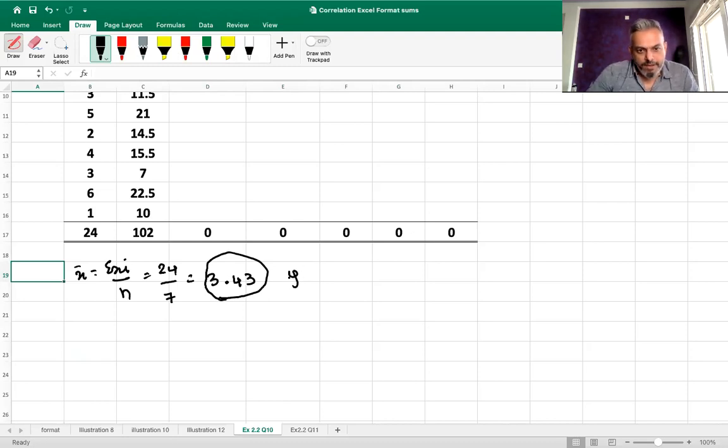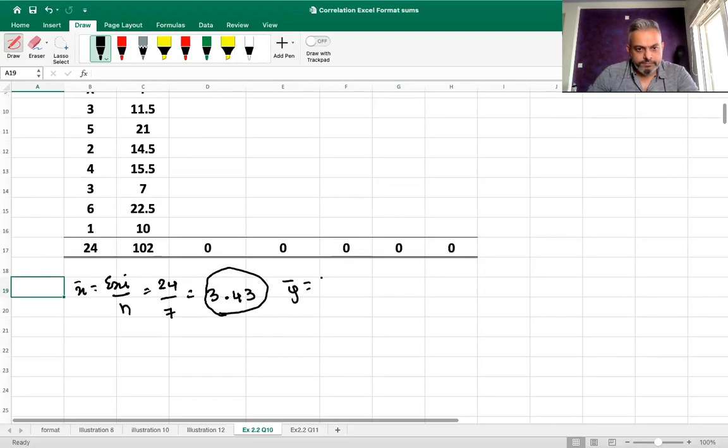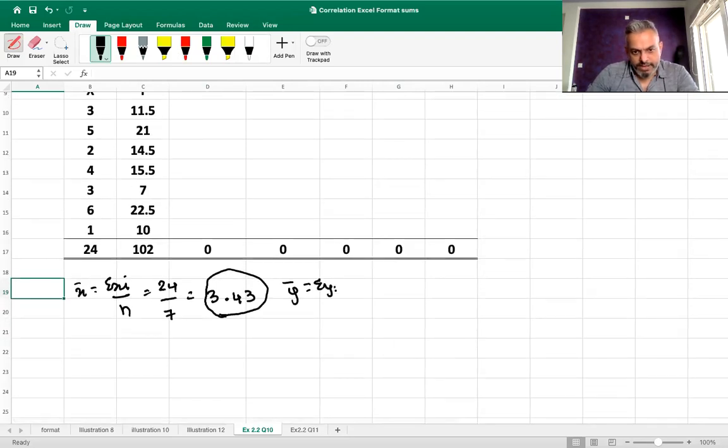Similarly, y bar is equal to sigma yi upon n, which is equal to 102 upon 7, which is equal to 14.57. So again, this is also in fraction.